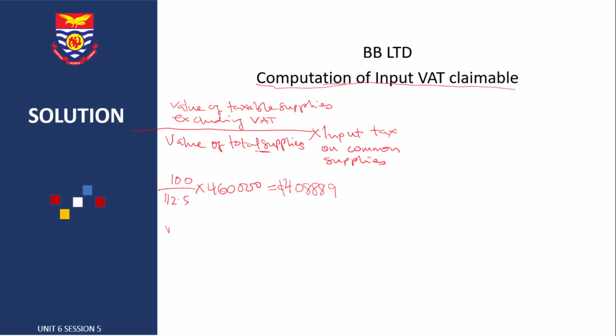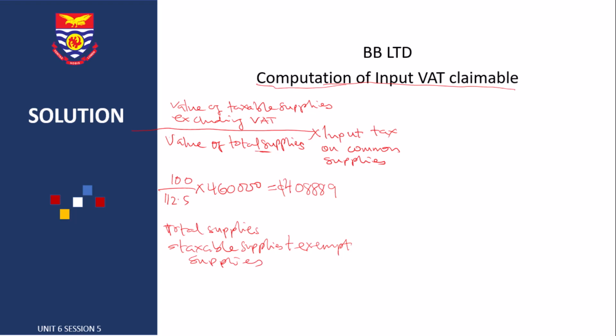The value of total supply is equal to taxable supplies plus exempt supply.